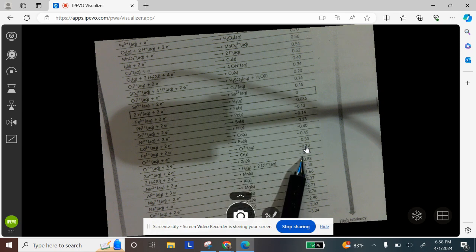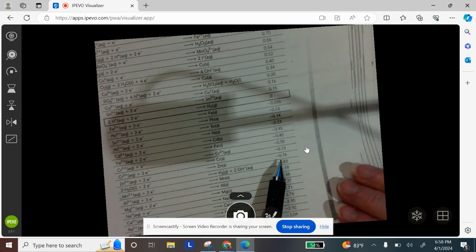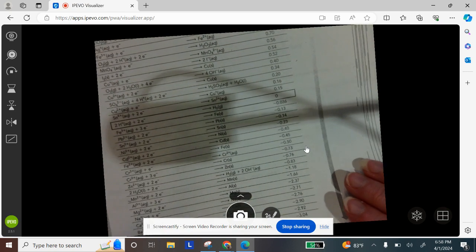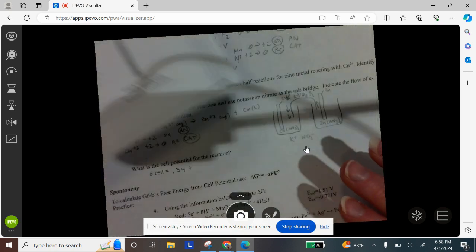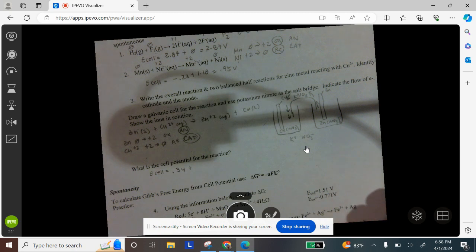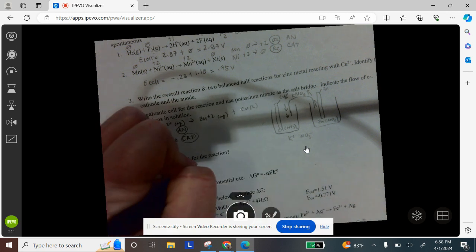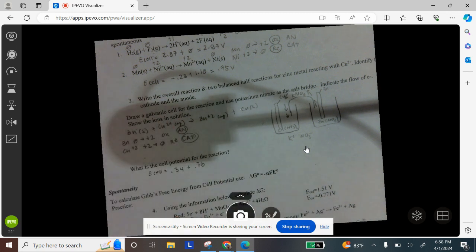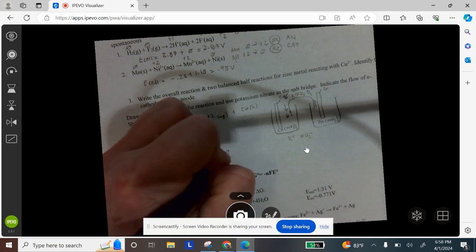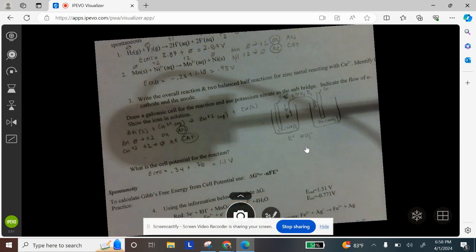But then we have to flip it because this is our reduction potential, and it's being oxidized. So 0.76 goes here. If I add that together, my E cell is 1.1 volts. And again, it's spontaneous. So that means this galvanic cell will run without me doing anything to it.